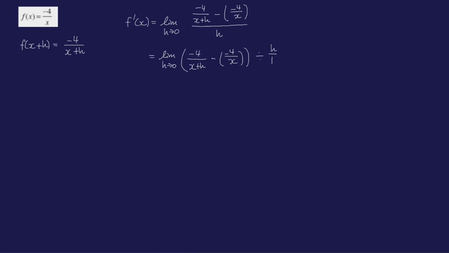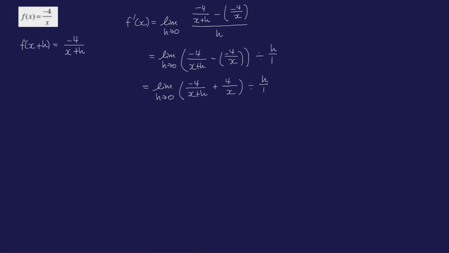So I'm just going to work with this left hand side. So the limit as h approaches 0, minus 4 over x plus h, the negative and the negative makes a positive, 4 over x, and then divided by h over 1.